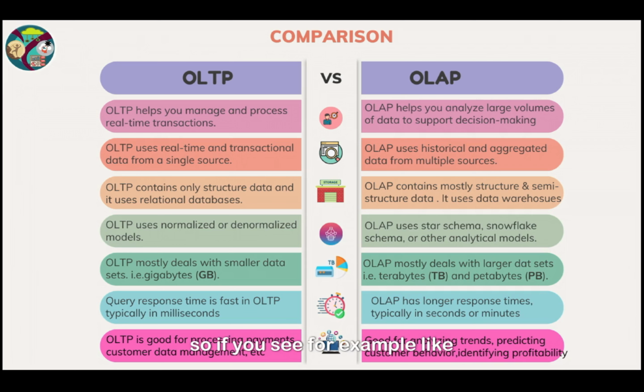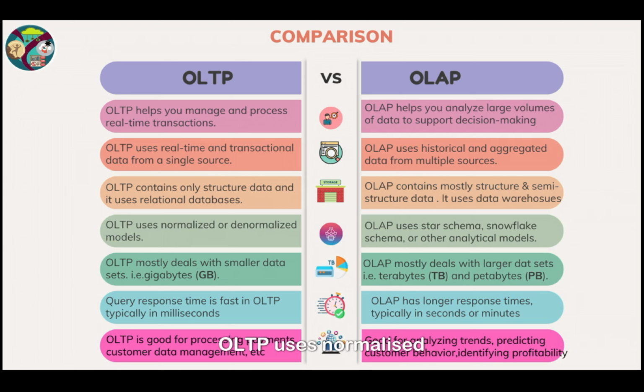Right? So for example Oracle SQL, Microsoft SQL Server, PostgreSQL, MySQL, all these relational database systems are examples for the OLTP systems. Whereas Oracle Exadata, IBM DB2, Microsoft SQL Server, and Teradata, all these warehouses are examples for the OLAP systems.